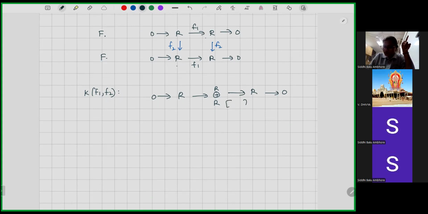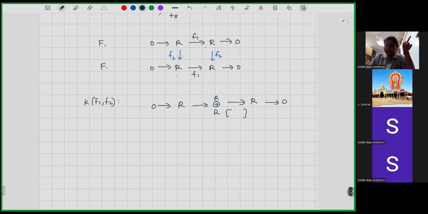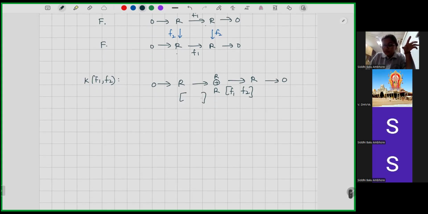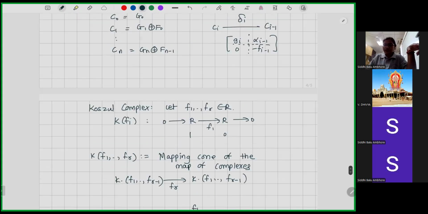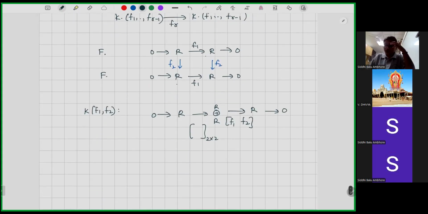Gi is this, which is F1, and alpha i minus 1 is F2. It is multiplication by these elements. And similarly for here, it will be a 2 cross 1 matrix. And here, alpha i minus 1 minus Fi minus 1 is F2 minus F1. Okay, so that's how these maps are defined.